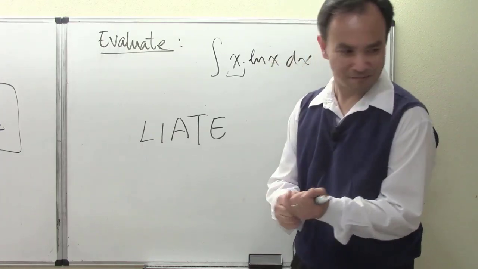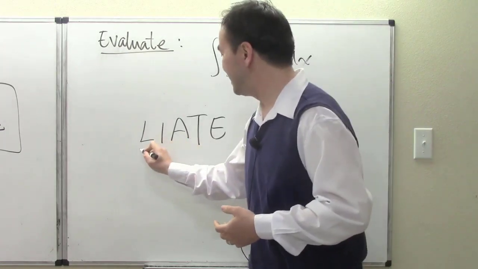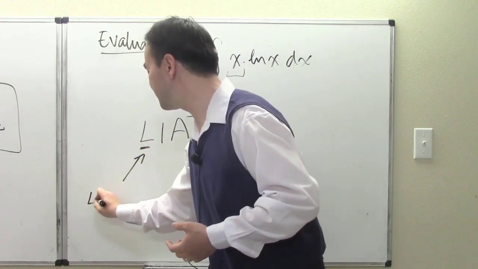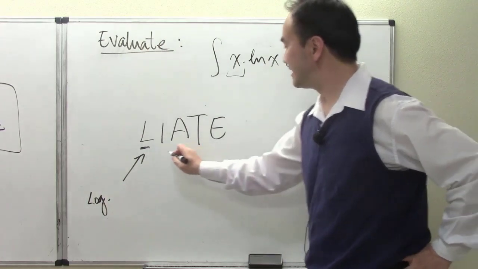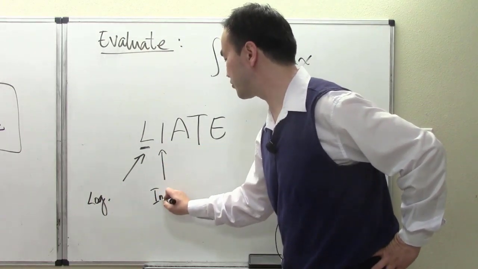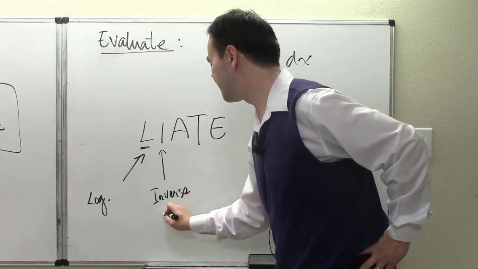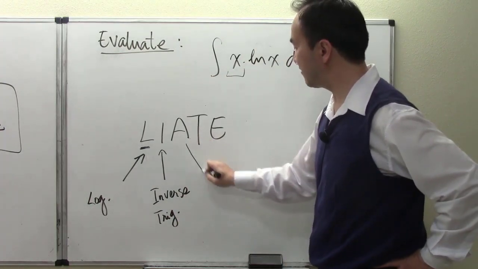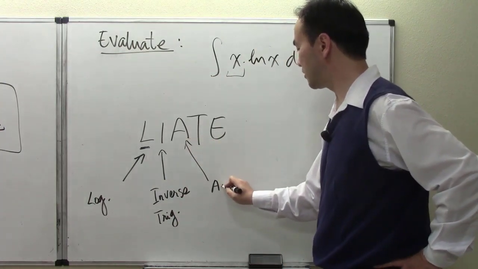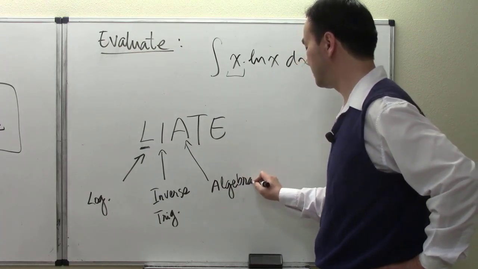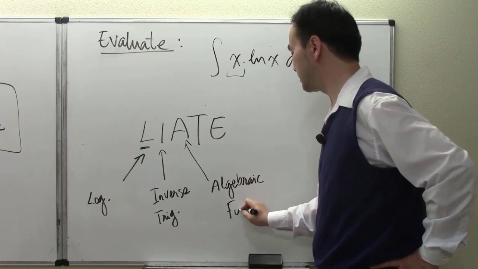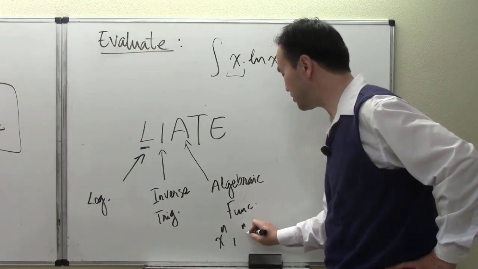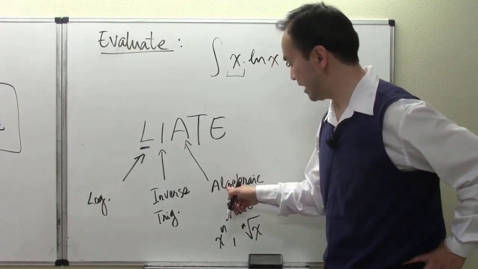Really, it's short for LIATE. The L here is the shorthand abbreviation for logarithm. I here is short for inverse, intentionally inverse trig functions. And then A is short for all the algebraic functions, meaning powers of x or roots of x, those are all regarded as algebraic functions.